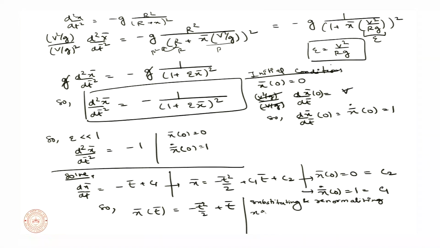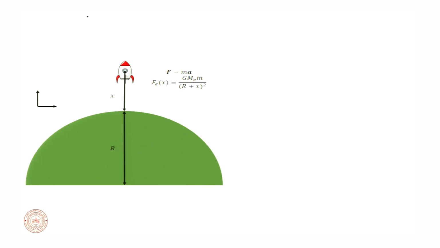So, x g over v square was equal to minus 1 by 2 t g by v whole square plus t g by v, because t bar was t g by v. Now, let us take v square by g to the right hand side of this expression. Let us rewrite it again. So, we had x g by v square equal to minus 1 by 2 t g by v whole square plus t g by v.